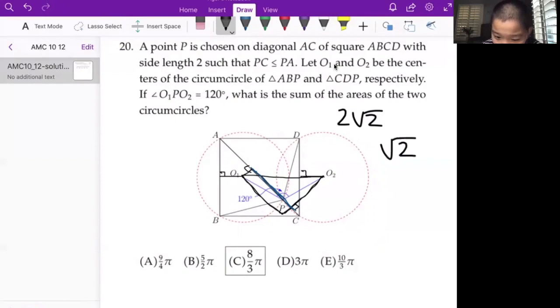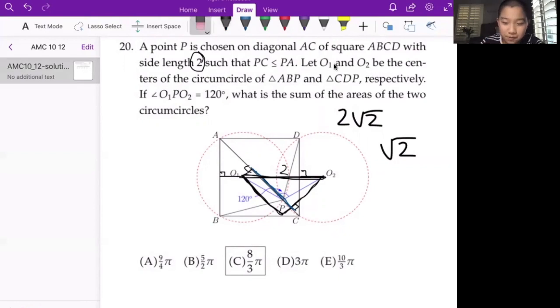But then that's a rectangle, so that means this will also have length √2. But then that would mean this would be that times √2, which would be 2. Oh, do you see anything special in that number? Well, I see something. The square is also side length 2.